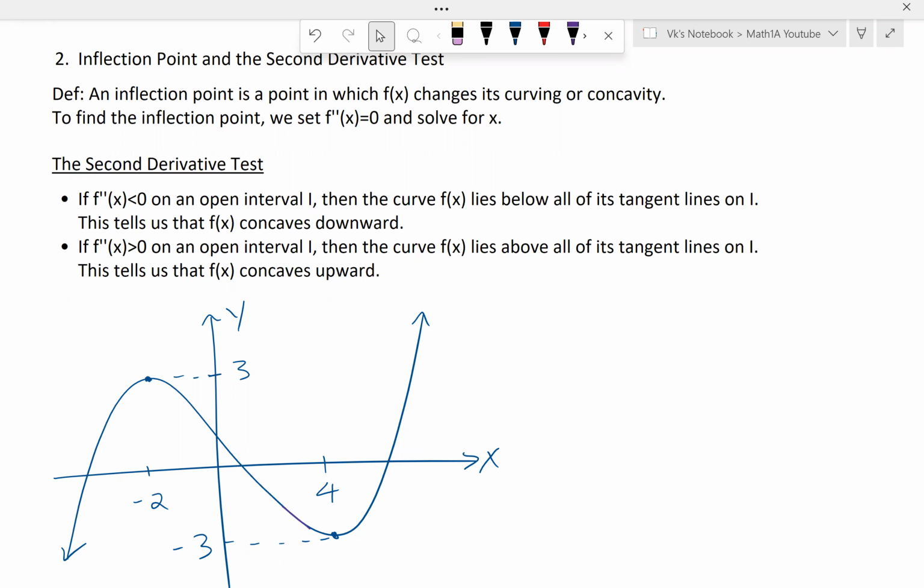If the second derivative is less than 0 on an open interval I, then the curve f(x) lies below or with the tangent line on I. This tells us that f(x) is concave downward. Let's take a look at the slope of the tangent to see.